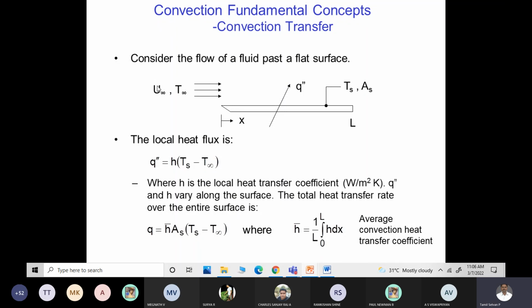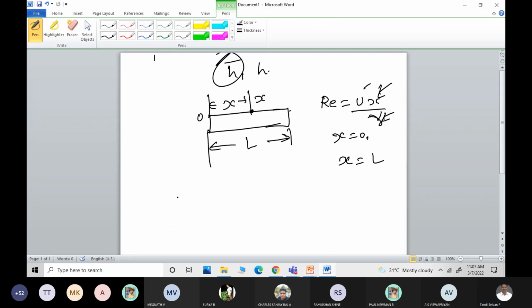If the velocity is very high, the boundary layer thickness reduces. If the velocity is moderate or average, then you will have a higher boundary layer thickness.